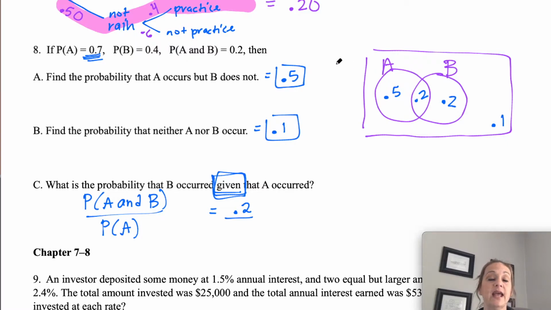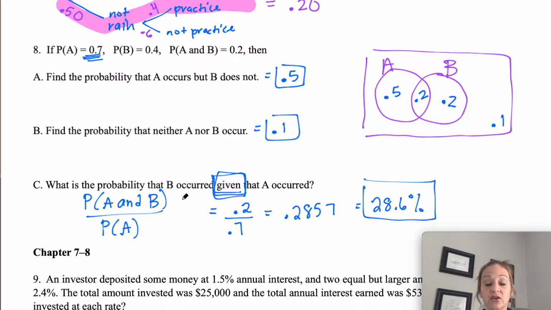That's A alone. I need A total. So the probability of A is going to be 0.7. So 0.2 divided by 0.7 is going to be 0.2857, or you could say it would be 28.6% that B occurs given that A occurs.